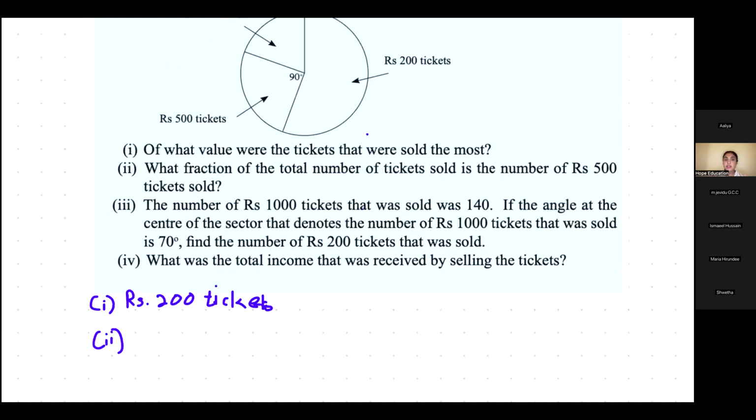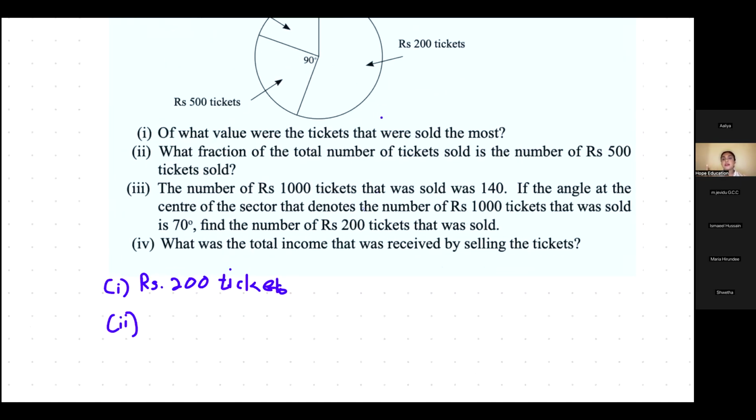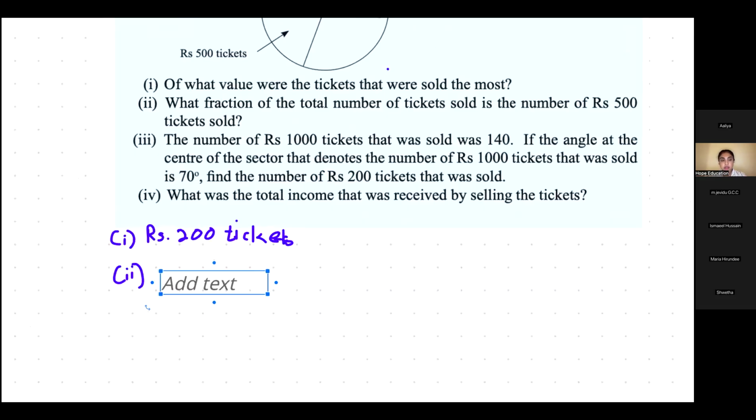So what they're asking is what fraction of the total number of tickets sold is the number of 500 rupee tickets. Basically, what they want is the number of 500 rupee tickets divided by the total number of tickets. We don't have the exact numbers, but we do know those. 500 rupee tickets are represented by 90 degrees.